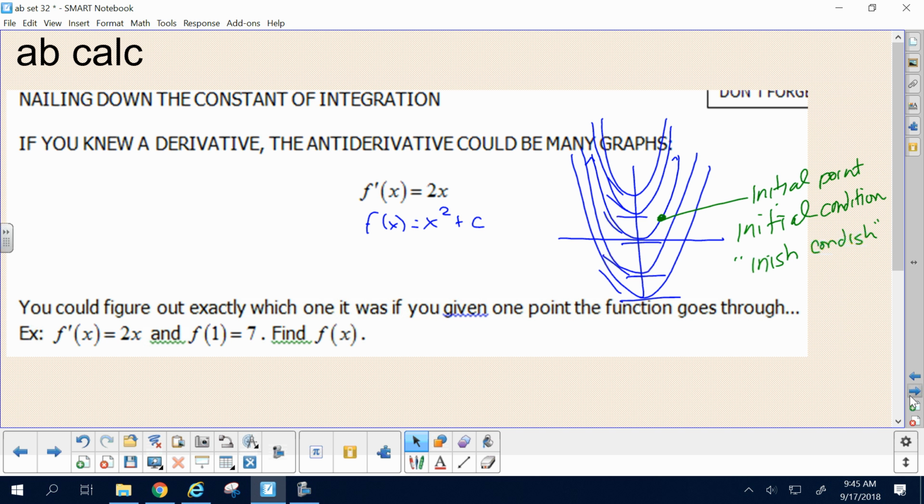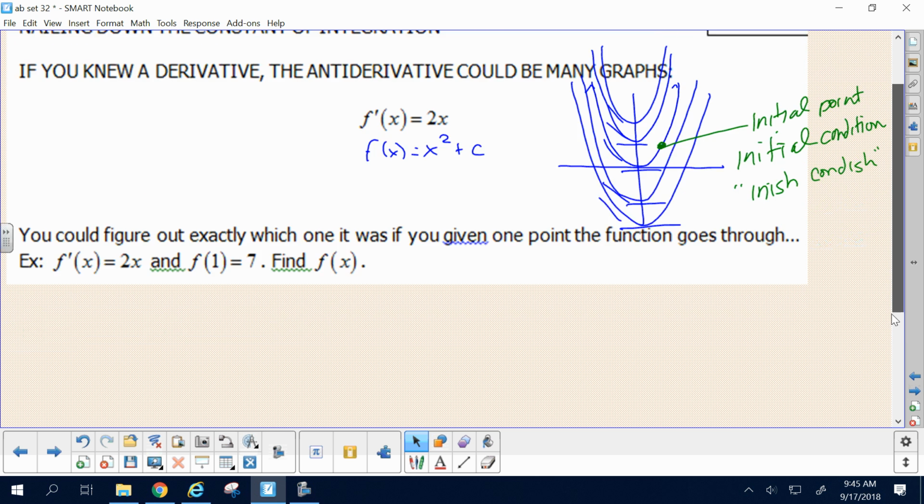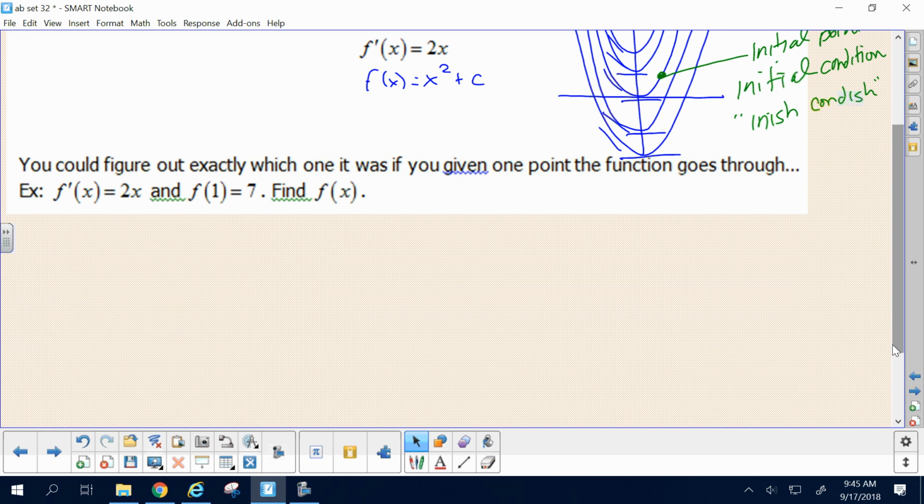All right, so say you can figure out exactly which one of those if you're given a function that goes through. So say we had this problem. I gave you that yes, the derivative is 2x, and the original point on the curve, I also tell you that when x is 1, the curve has to go through 7. Now with that, that allows you to find the c.